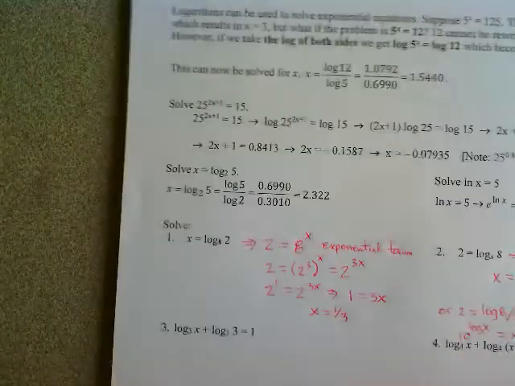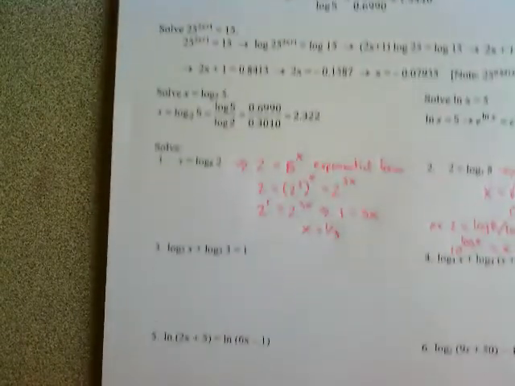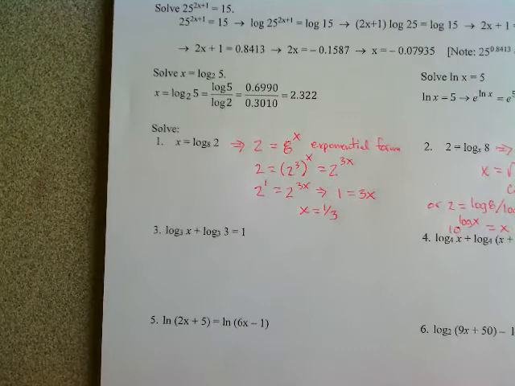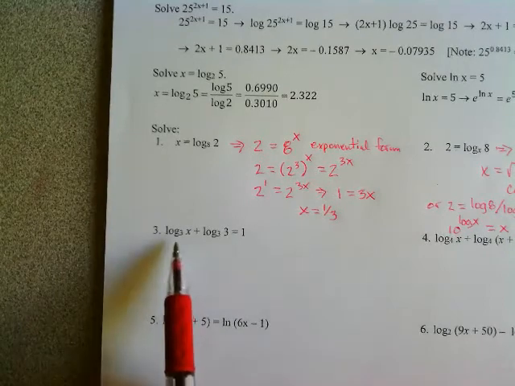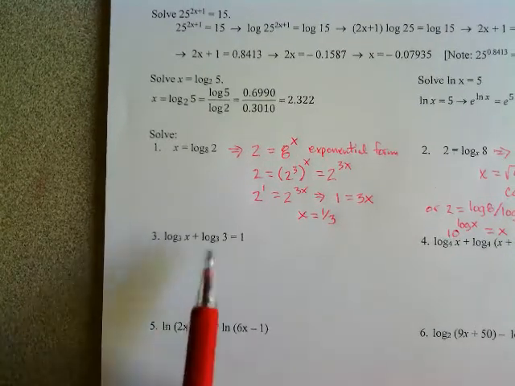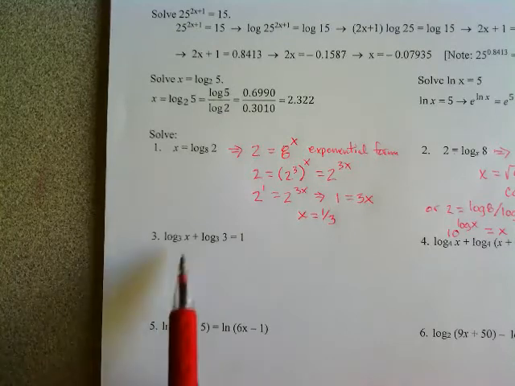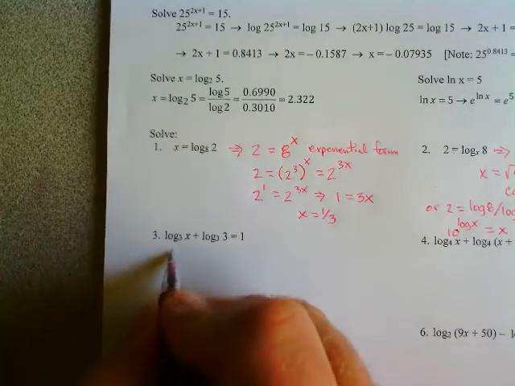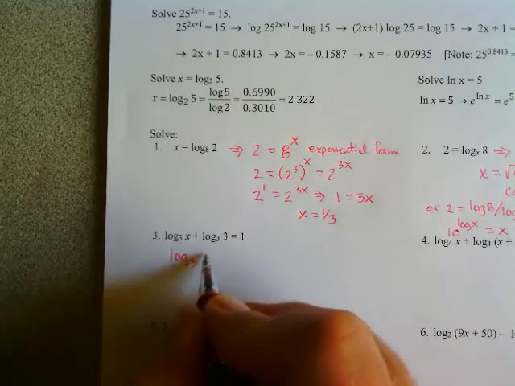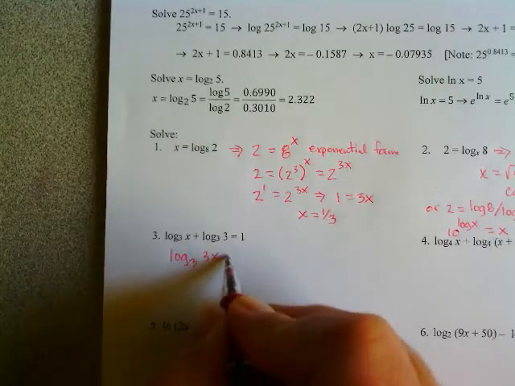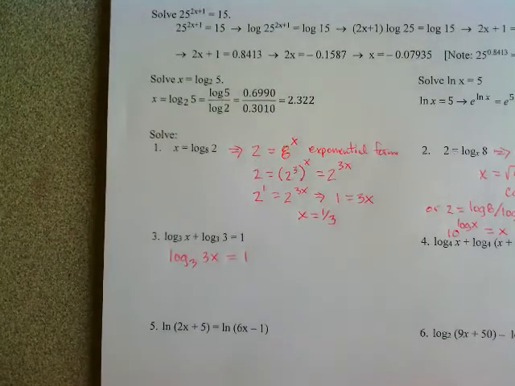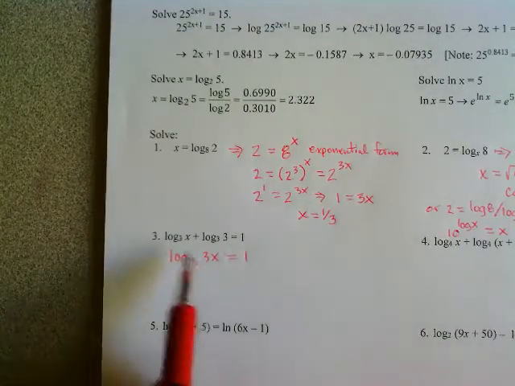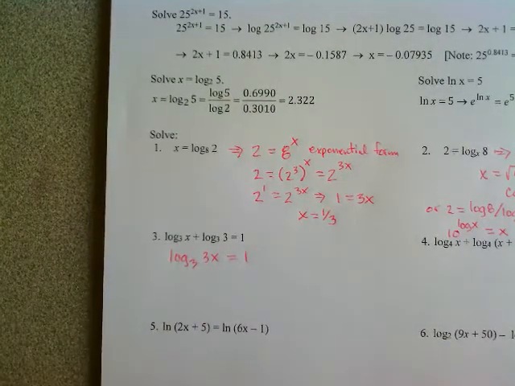Okay, problem 3. Here we have 2 logs, both base 3 equals 1. Since this is an add, we can turn that into the product rule for logs. So log base 3 of 3x equals 1. And of course this can only be done if the bases are the same.